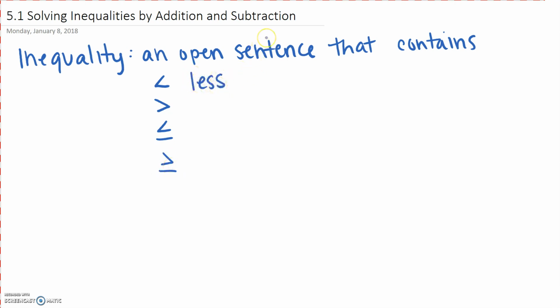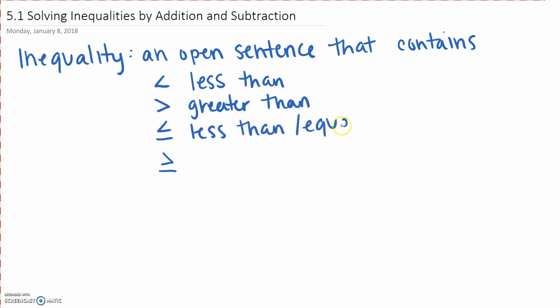And we learned these in about 6th grade. Hopefully we remember what they are. Less than or equal to. And greater than or equal to.